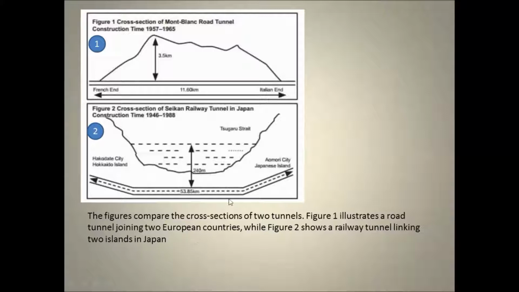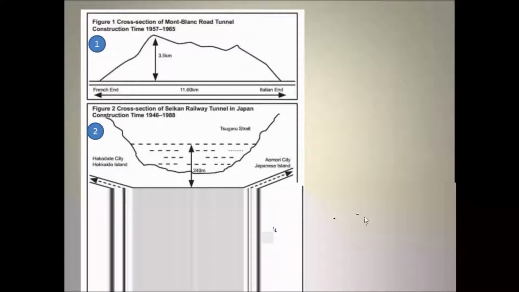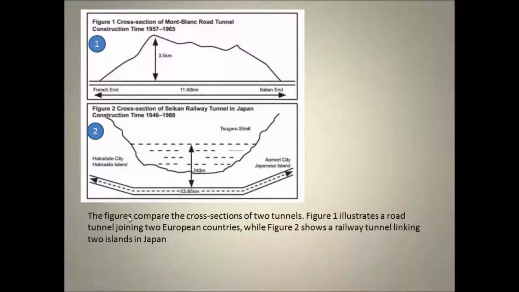The figures compare the cross sections of two tunnels, and further you can describe: figure 1 illustrates a road tunnel joining two European countries, while figure 2 shows a railway tunnel linking two islands in Japan. So this will be enough for the paraphrase of the question and as the introduction.